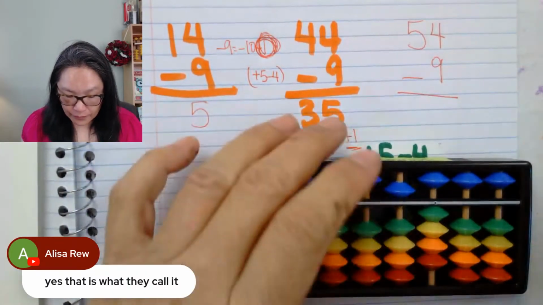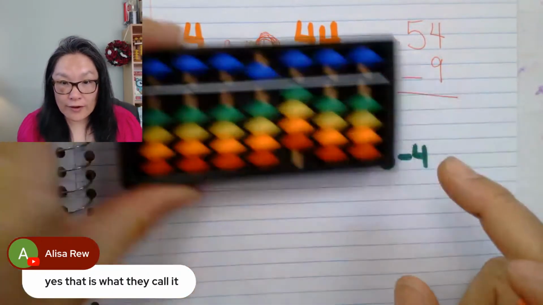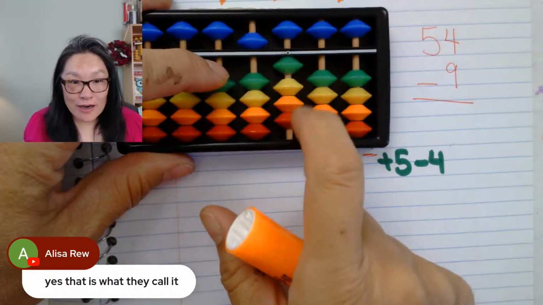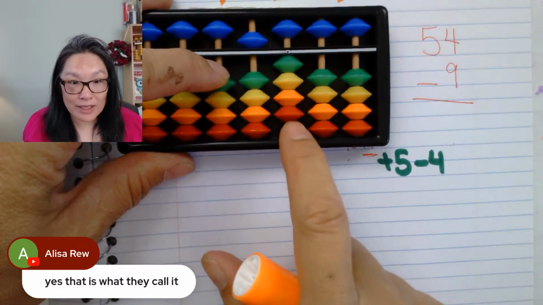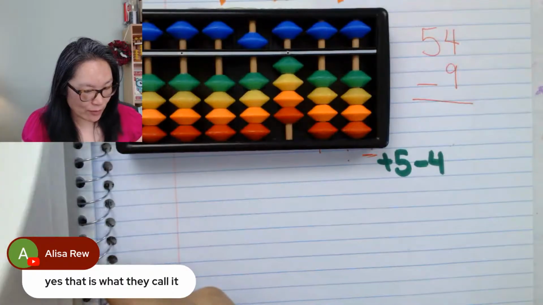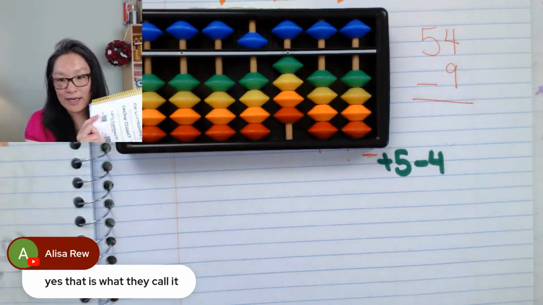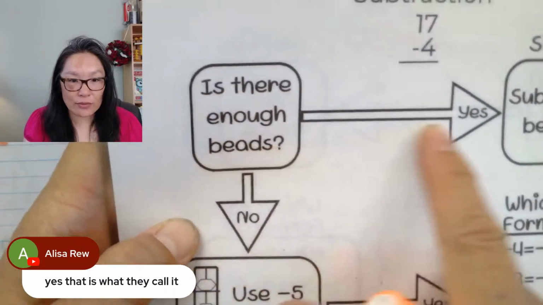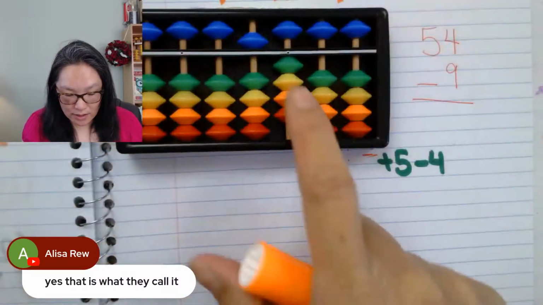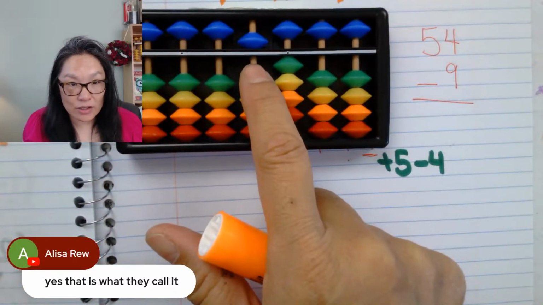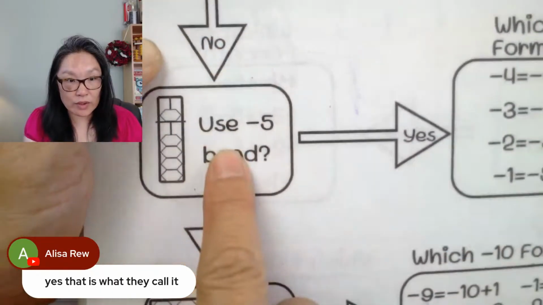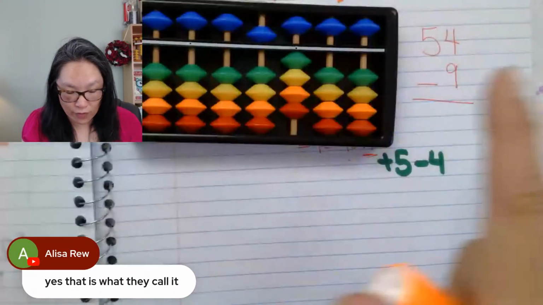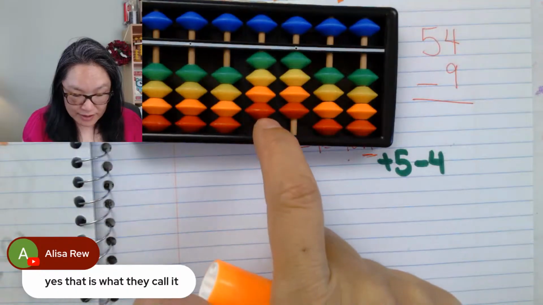So here, we have 54. I like this one. I want to minus the 10 plus the 1. This is a great one. What are we going to do? We're going to minus the 10. Can we take away the 1 here? Minus the 10? No, we can't. So we go down here. I need a minus the 1. Minus the 1 is minus the 5 plus the 4.